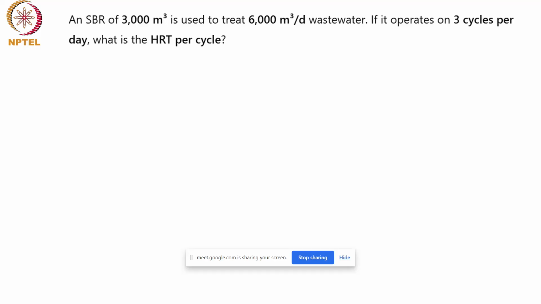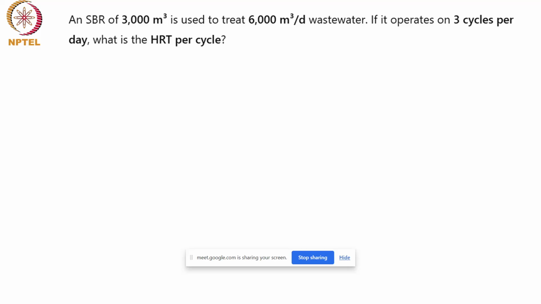And then we have 3 cycles per day. So the HRT per cycle is equal to 12 divided by 3, which is nothing but 4 hours.